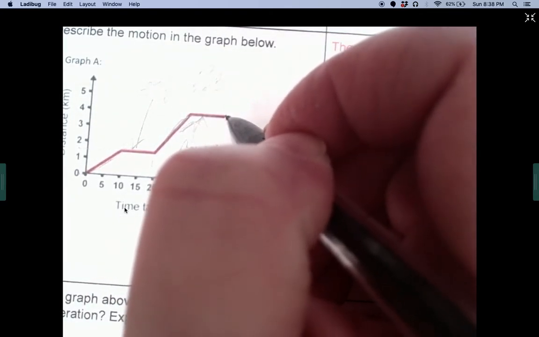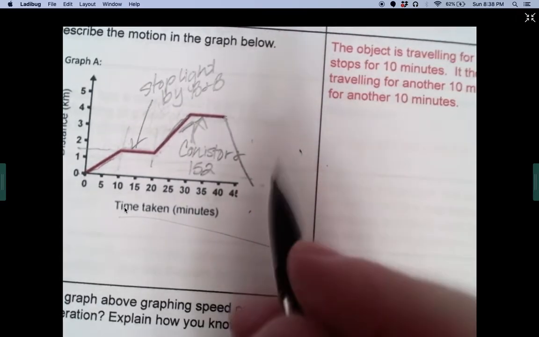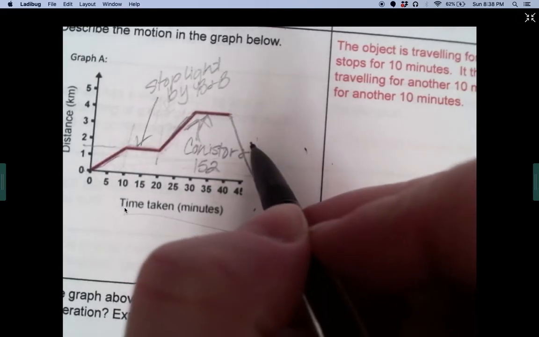Let's say I realize that I needed to come back to school because I forgot something. So if my line went back down here, that would show my return trip.